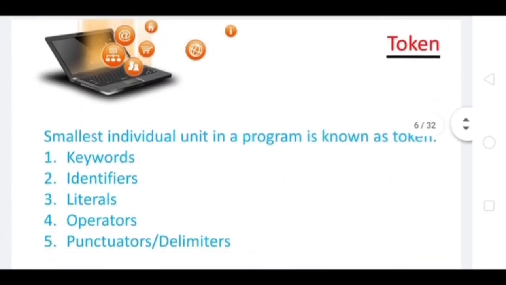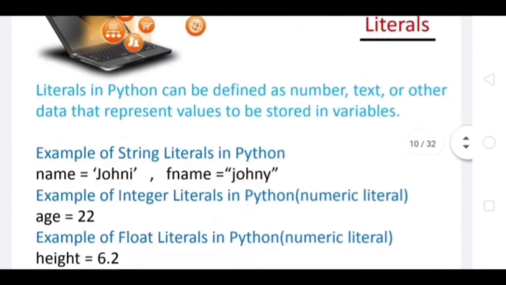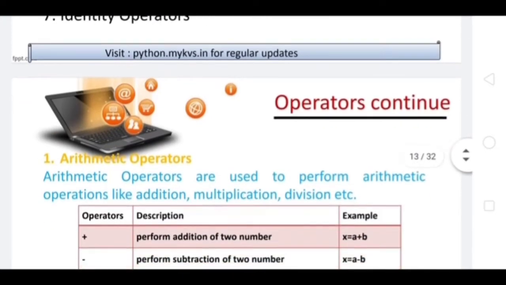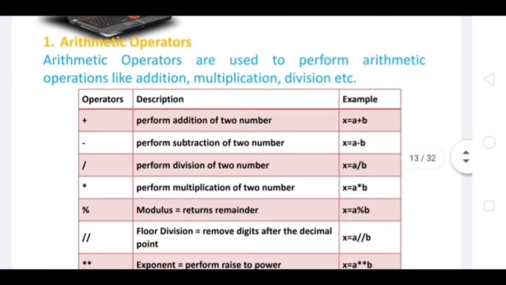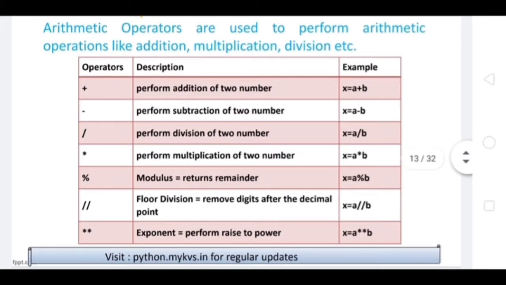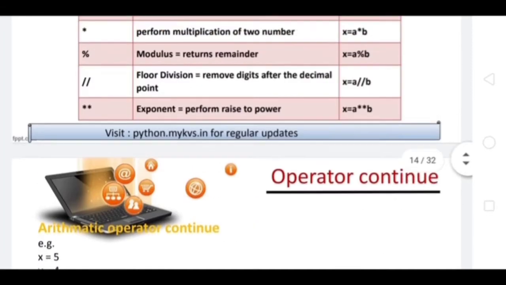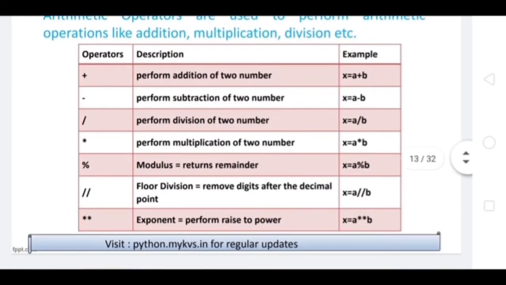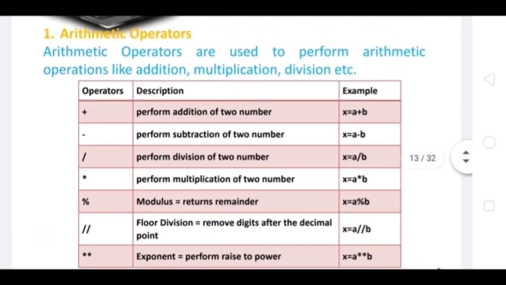When we talk about arithmetic operators, they perform arithmetic operations like addition, multiplication, division, etc. There are three more operators available with the arithmetic operators: modulus, floor division, and the exponent.